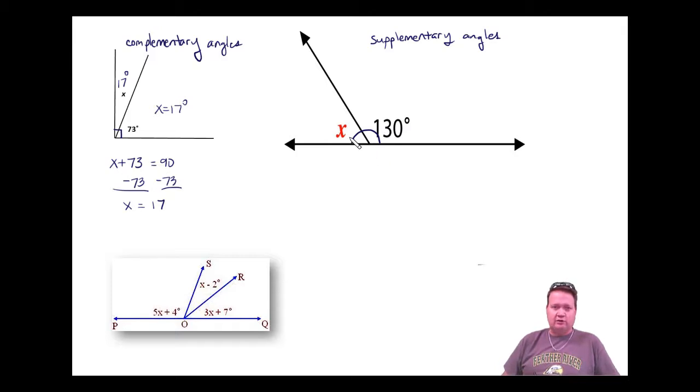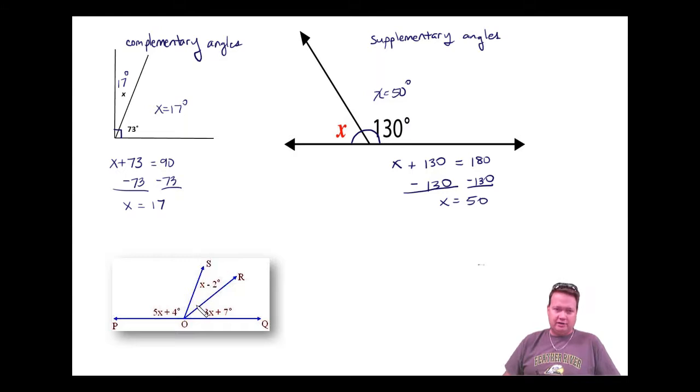These 2 angles are supplements of each other, so x plus 130 should add up to 180 degrees. We'll take away 130 on both sides, and x equals 50 degrees. So in this example, x is 50 degrees, and 50 degrees and 130 degrees are called supplements.